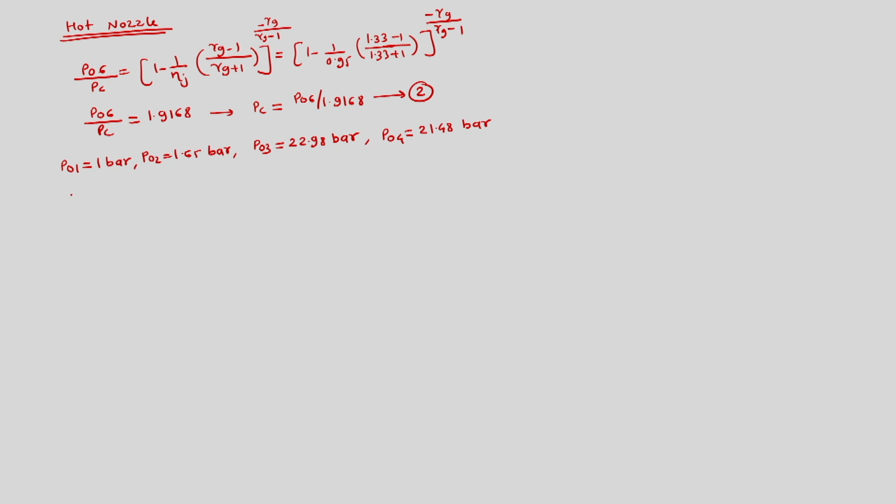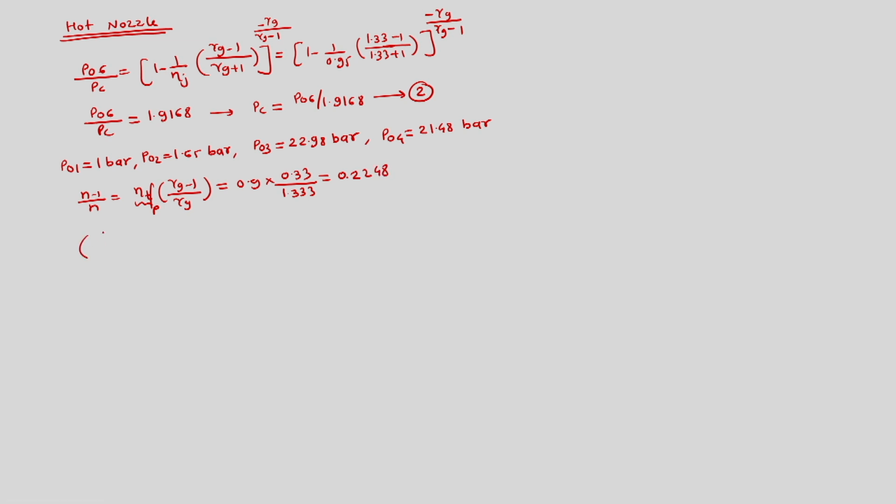So now we know the polytropic efficiency of the turbine. So the polytropic efficiency of the turbine, (n minus 1) upon n is eta T into (gamma g minus 1) upon gamma g, which is equal to 0.9 into 0.33 divided by 1.33, and this gives us 0.2248.